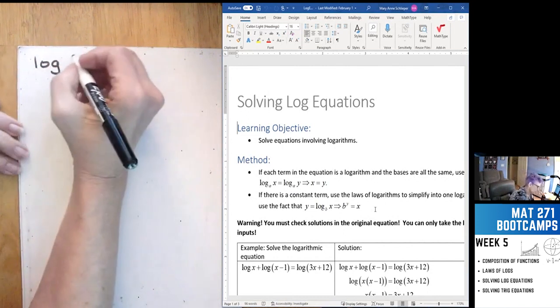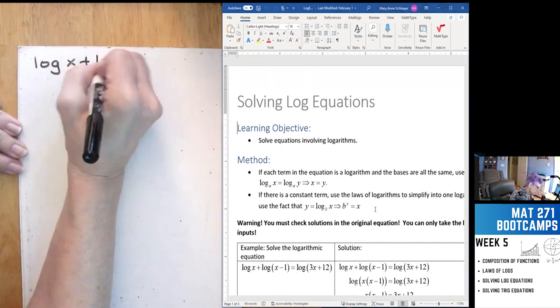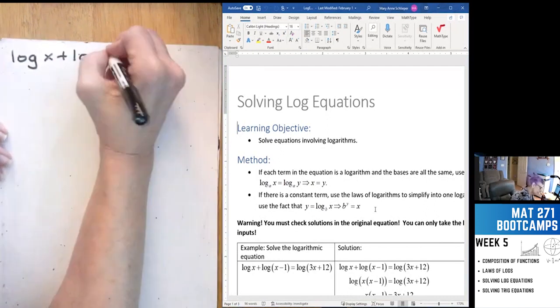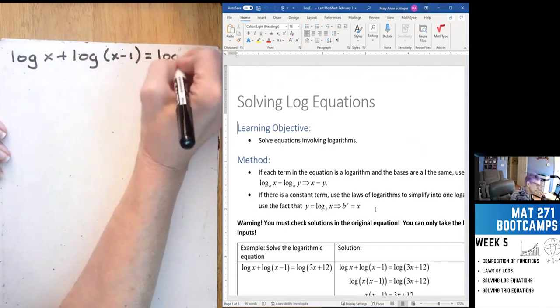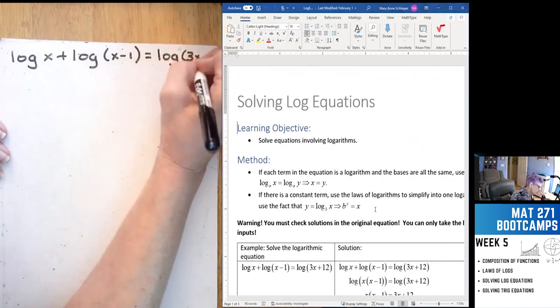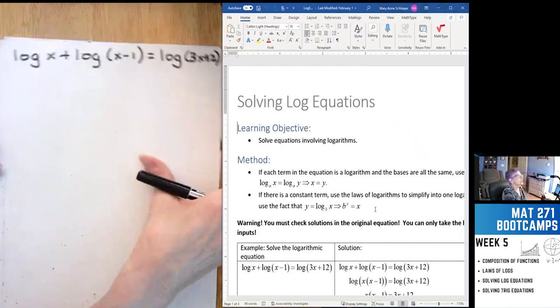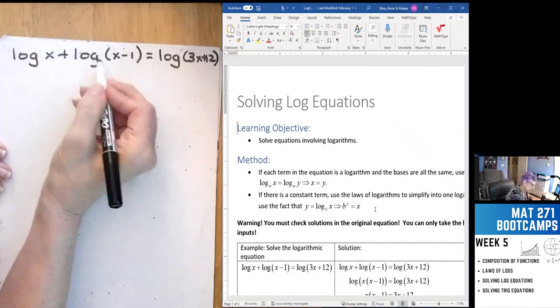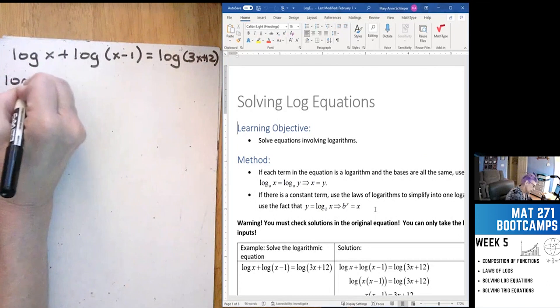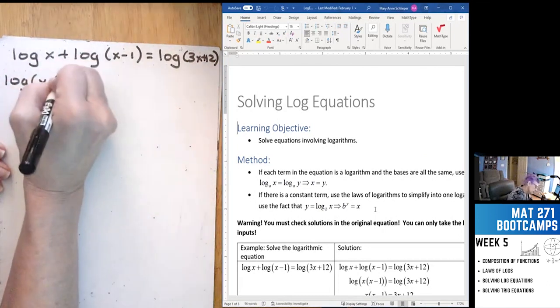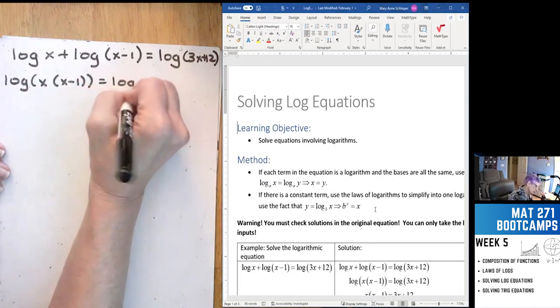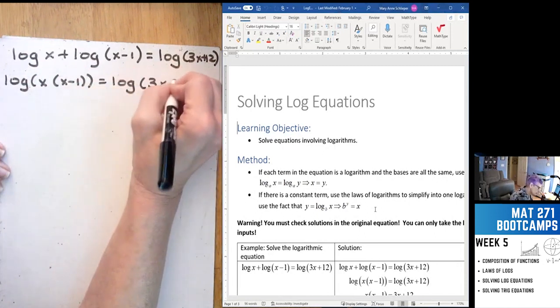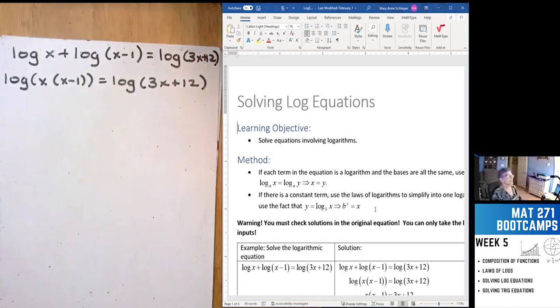So I start here with log of x plus log of x minus 1 equals log of 3x plus 12. So step number 1, I rewrite this as log of x times x minus 1 equals log of 3x plus 12.